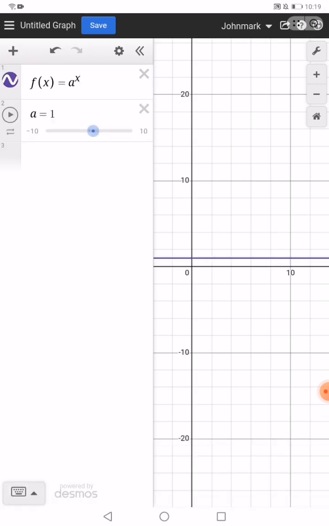Along the x-axis, you can see that if the base is equal to 1, it will just be a constant value, because 1 raised to any value of x is just the same value of 1. But if the base is greater than 1, our function will increase rapidly, or exponentially.